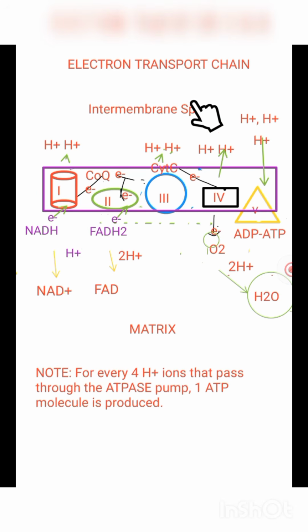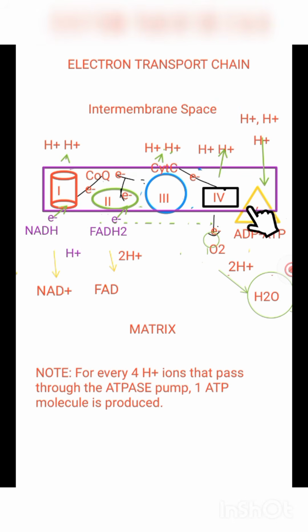You have more protons in the intermembrane space compared to the matrix of the mitochondria. We know that there's a tendency of substances to move down a concentration gradient. And so these protons are now compelled to move back into the matrix of the mitochondria because they're in a higher concentration. But now this movement has to be tactical.